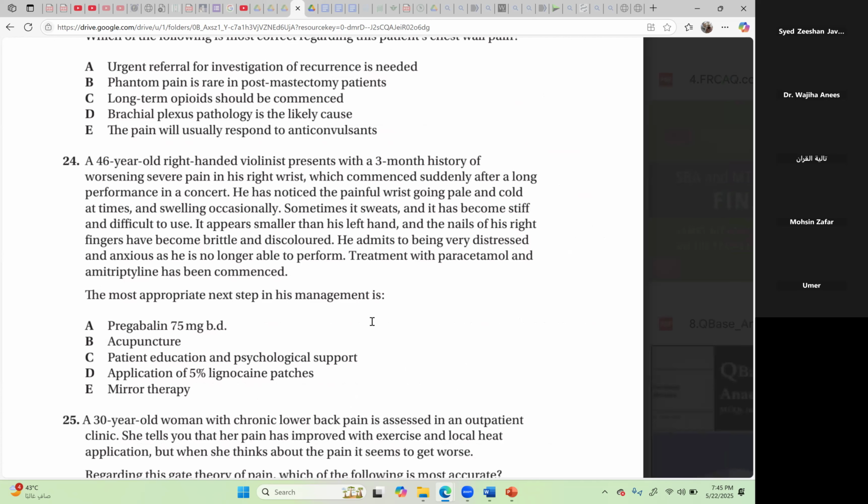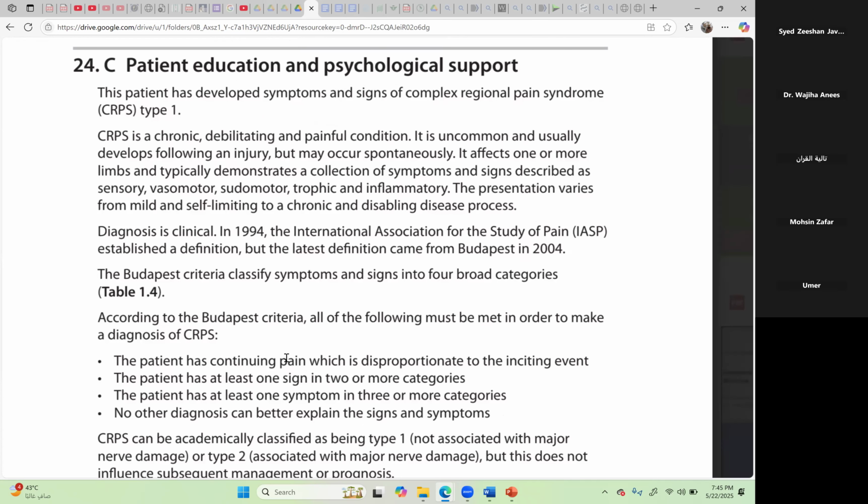There is swelling, which is because of inflammation. Pseudomotor is about sweating, but I just forgot. What is pseudomotor? Yes, sir. Sweating, sir. Okay.